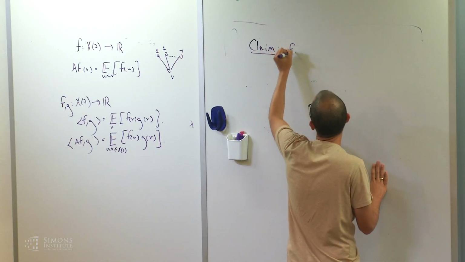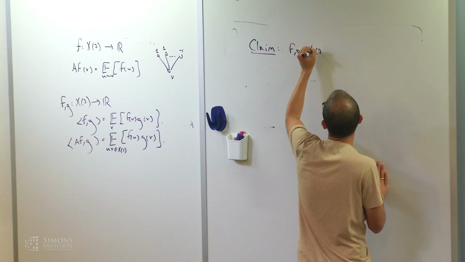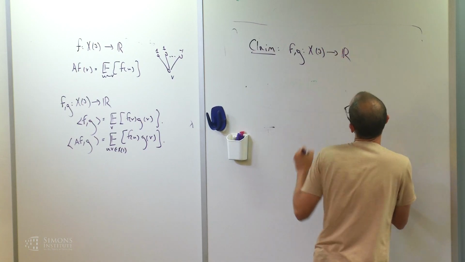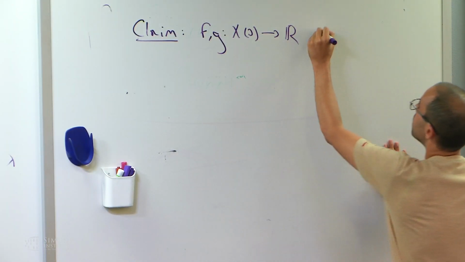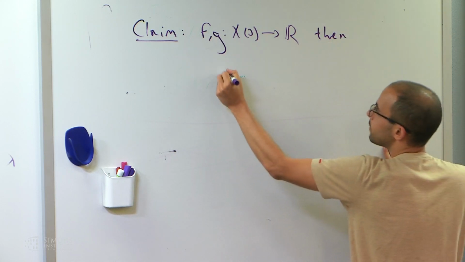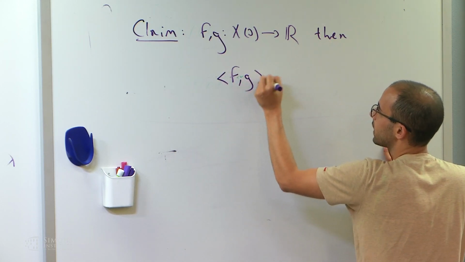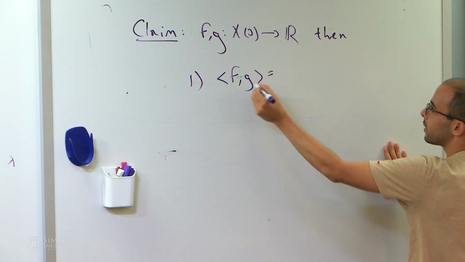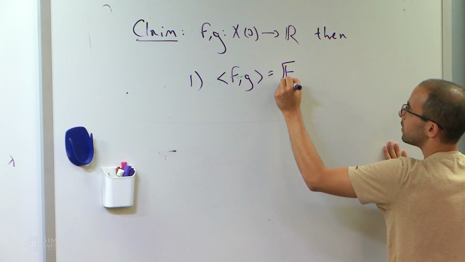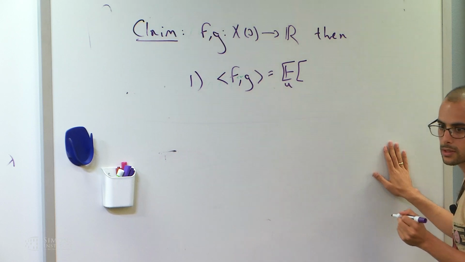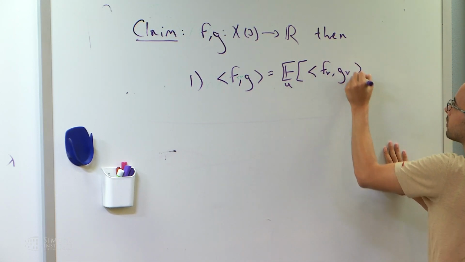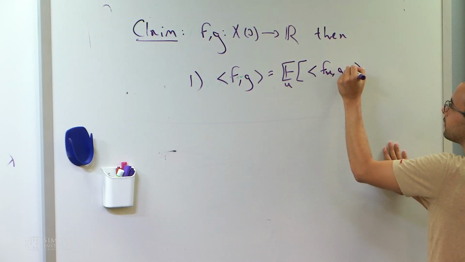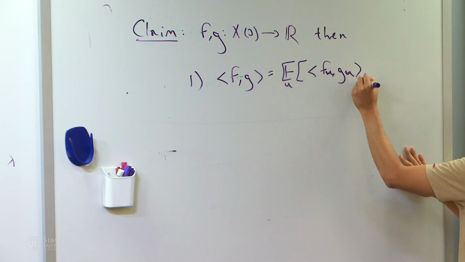Suppose f and g are real-valued functions on the vertices. Then, first of all, I can calculate this inner product of f and g by first choosing u, and then calculating the local inner product of f and g inside the link of u.